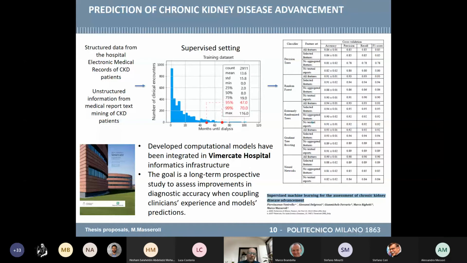All this has been developed in collaboration with the Buzzi Hospital, which is one of the 7 most informatized hospitals in Italy, despite being a public hospital, with a very well-developed electronic medical record since the first years of 2000, and from where we extracted the data that we used for these previous evaluations, which has been the main work for a paper that has been submitted and is now under evaluation.